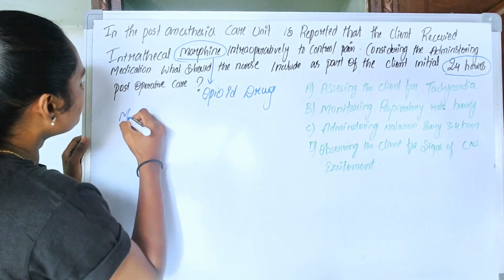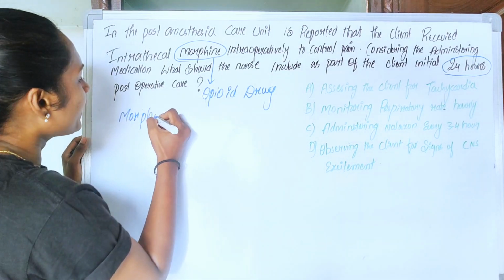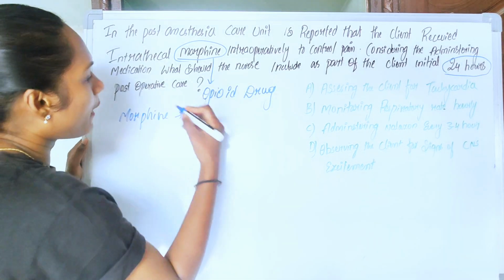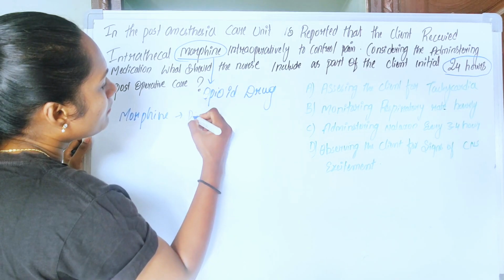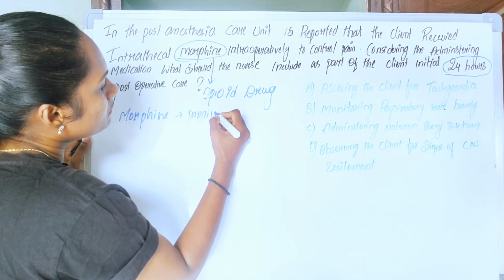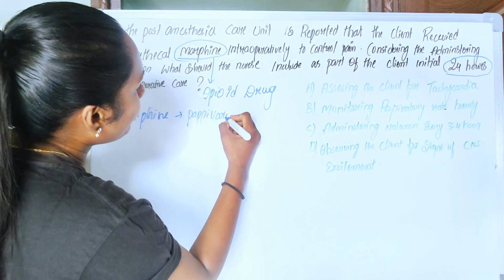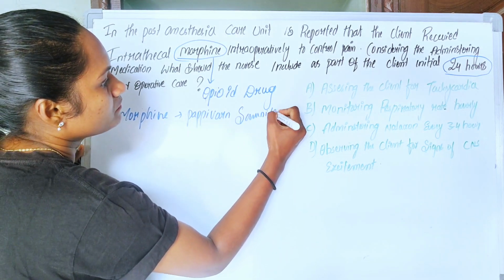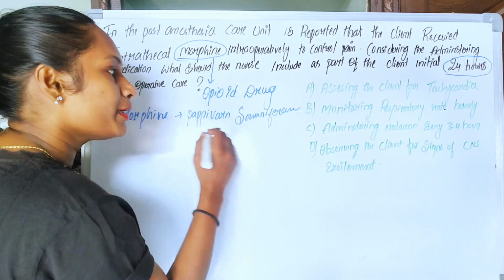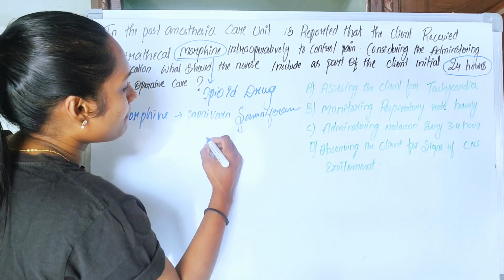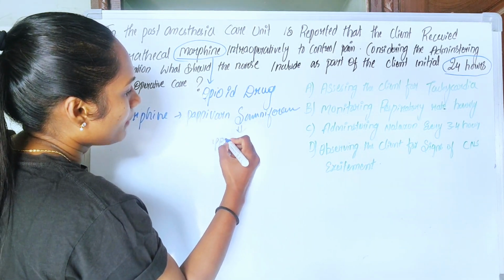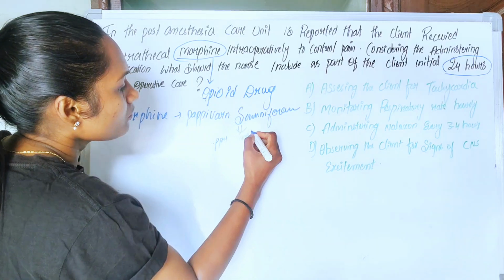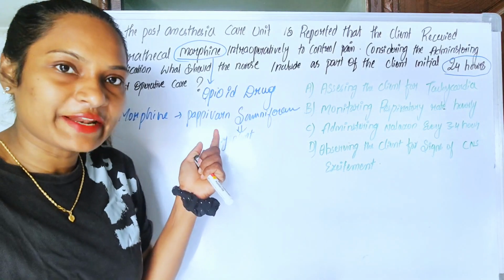Morphine is discovered from Papaver somniferum, or simply we will call it the poppy plant. So this is the morphine derivation.